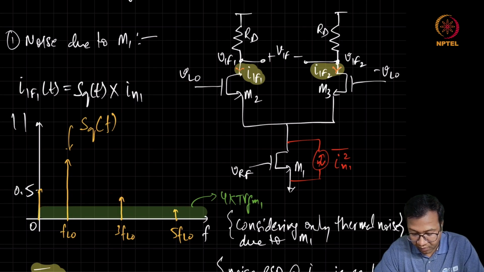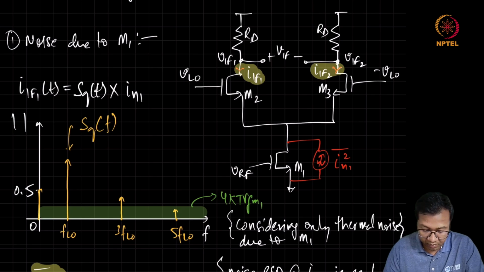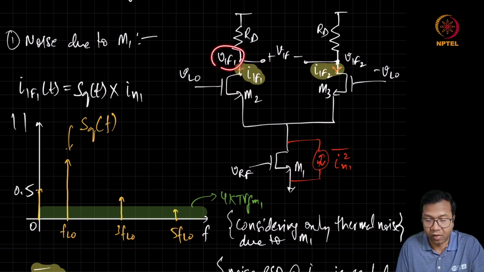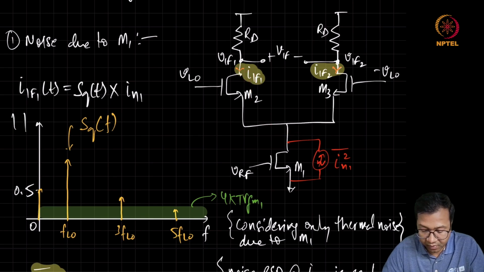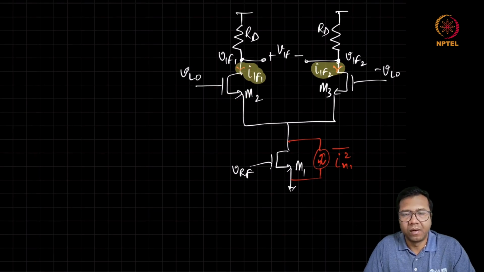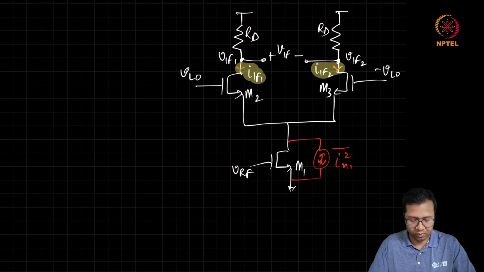And in such a scenario, when we try to find the thermal noise at the output, it is not just scaled by this 1 by pi, and we see that it is just getting multiplied by the duty cycle of this switching signal.